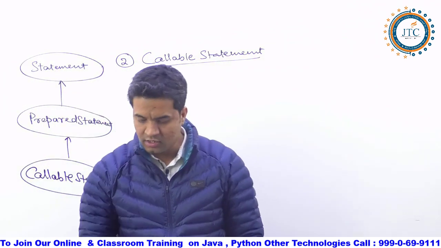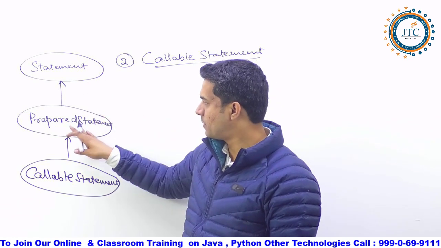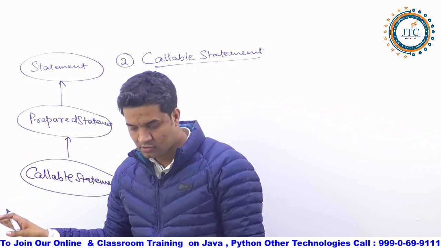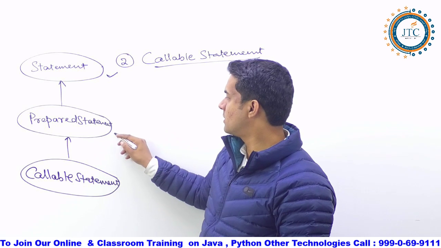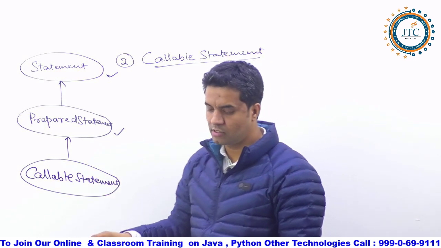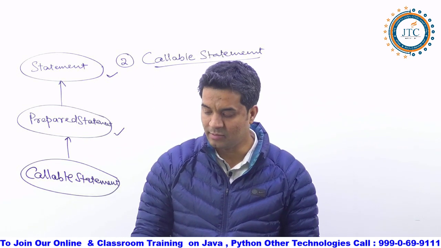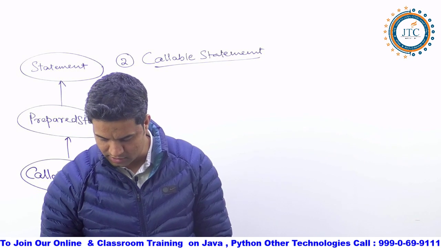So in these basic relations, there are three things: Statement, PreparedStatement, and CallableStatement. Out of these three, already we have talked about the Statement as well as the PreparedStatement. The rest, which is called the CallableStatement, I am going to discuss today. We are starting with this, fine.